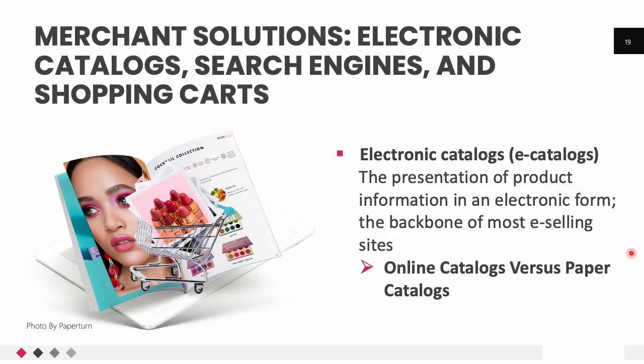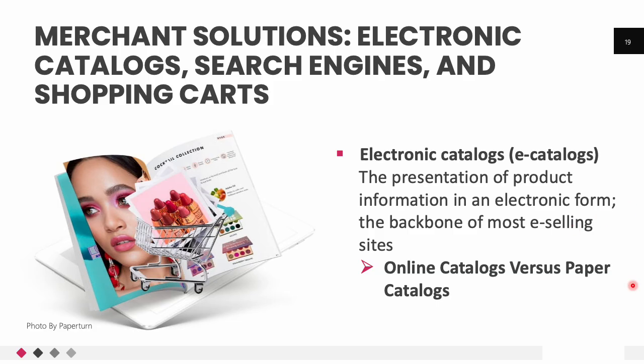And in this e-catalog, it contains the product photos, of course, and then the descriptions, and the prices, of course. And there are also add to cart buttons. So when the customers agree to buy these products, they will just press the buttons and then go to checkout.